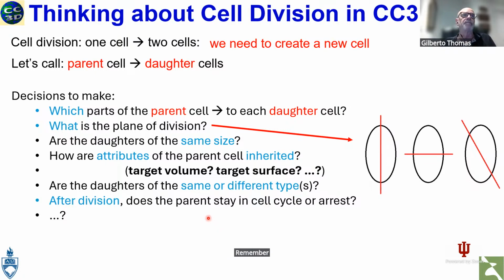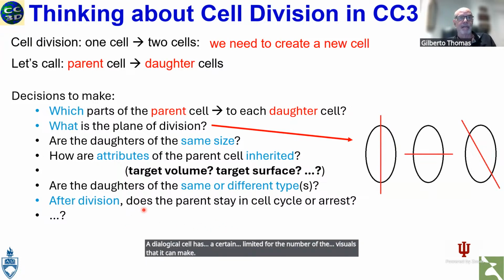Remember, in reality, a biological cell has a certain limit for the number of divisions that it can make.